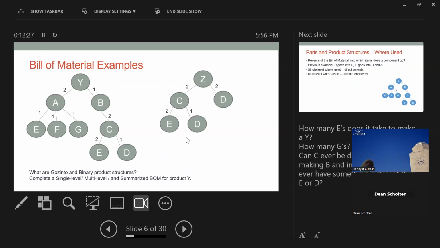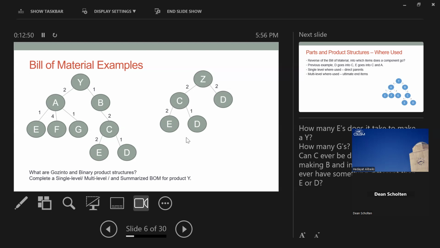These are two examples, just examples from the textbook. These are multi-level bills of materials. One thing that is actually important in production planning is low level coding. It's a convention: we always start with the end item, and we put that at level zero.